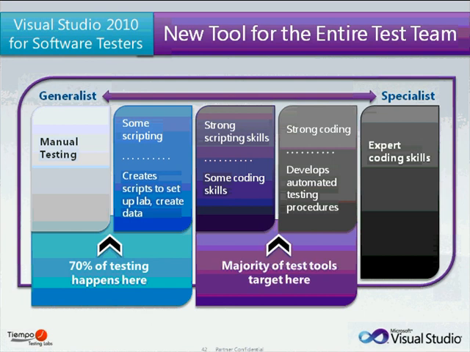The majority of the test tools, as noted on the slide, are in the area of the strong scripting skills. And this would be the automated test tools, and we'll get into those in session number 3. But most of the tools have targeted the medium to higher end range for the testing team. And so now with Visual Studio 2010, we have a tool that does the entire spectrum.